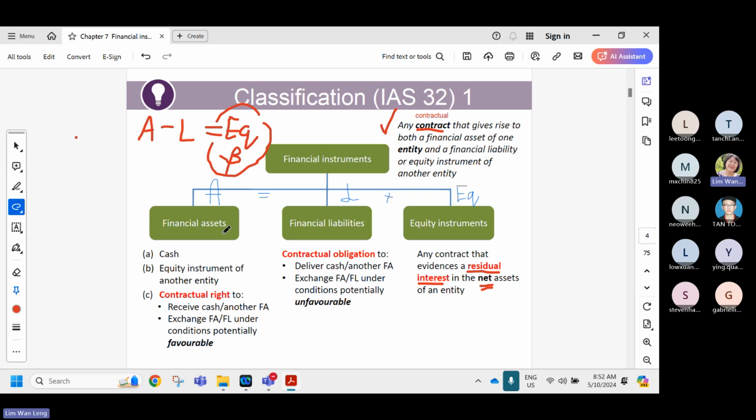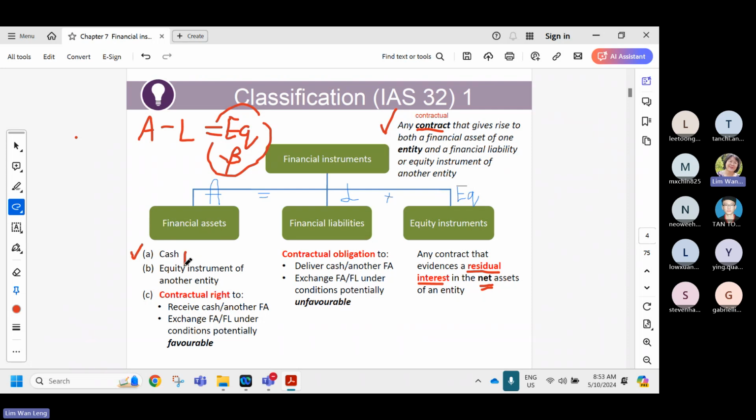So over here, they tell you the definition of financial assets. You have cash. Cash is always a financial asset, and of course, we know that cash is also part of our current assets. And then equity instrument of another entity. What's an example of an equity instrument of another entity?